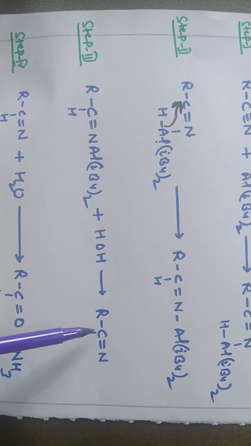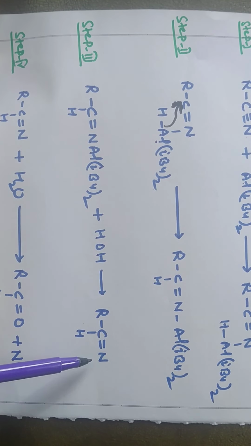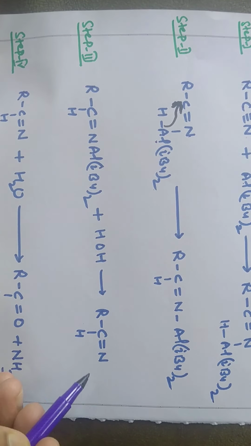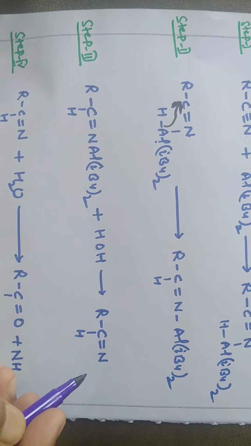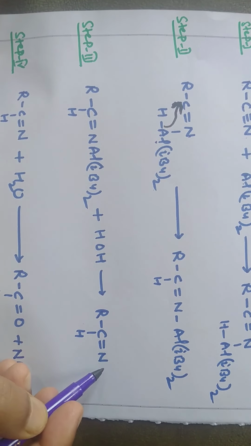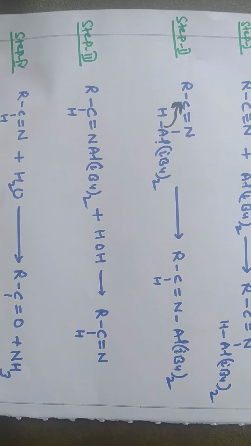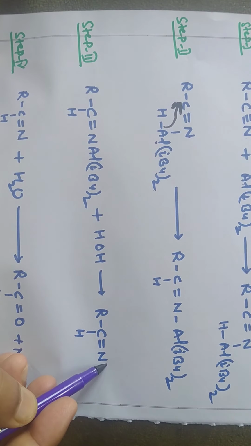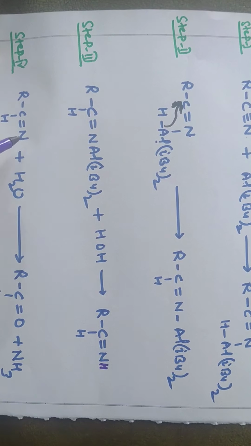So we have R-CH double bond N, and this one is NH.